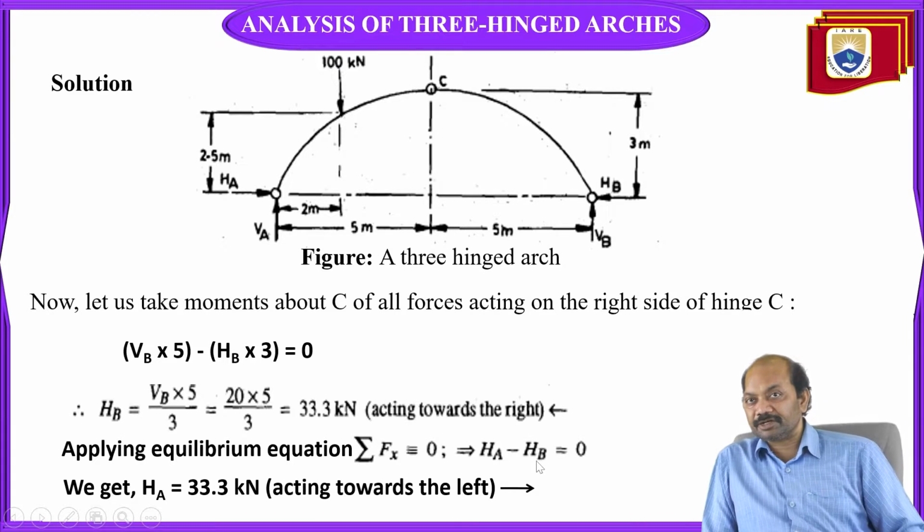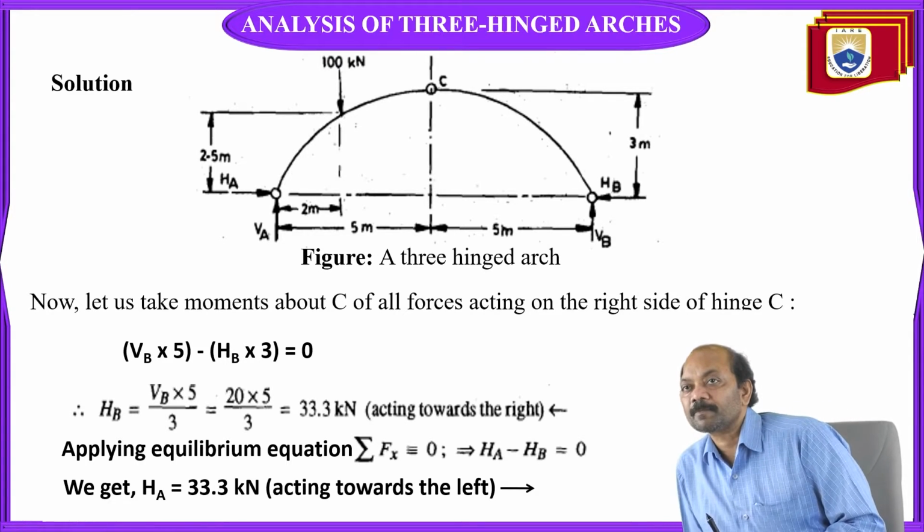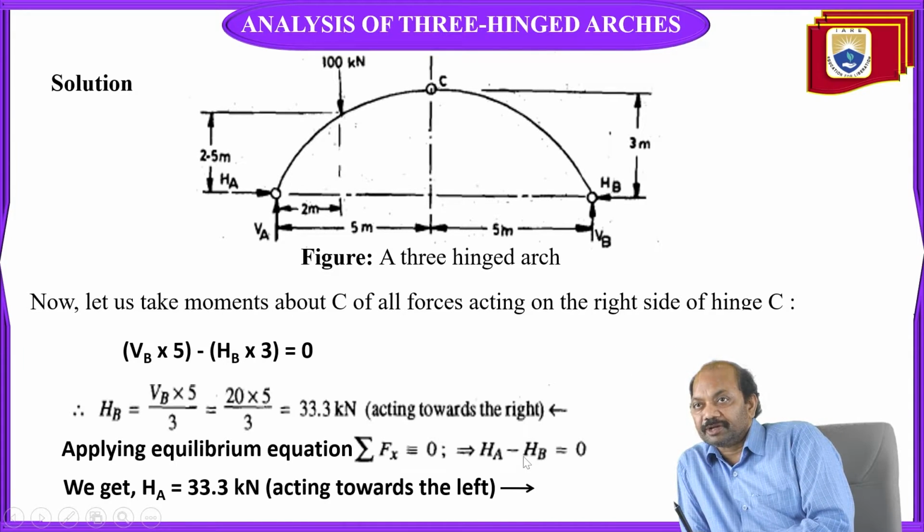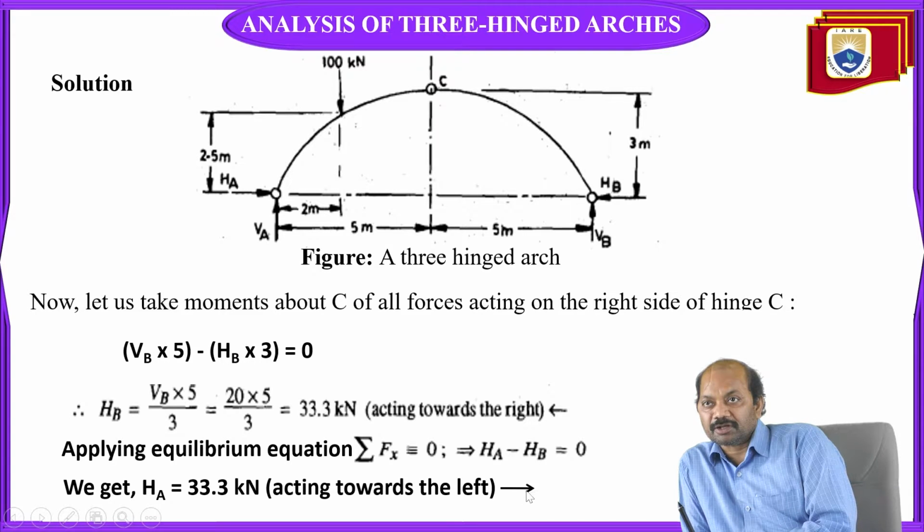HB we already calculated, substitute. It means HA is equal to HB, and HA is equal to 33.3 kilonewtons acting towards left. These symbols are the directions of the reactions. HA is in this direction and HB is in this direction.